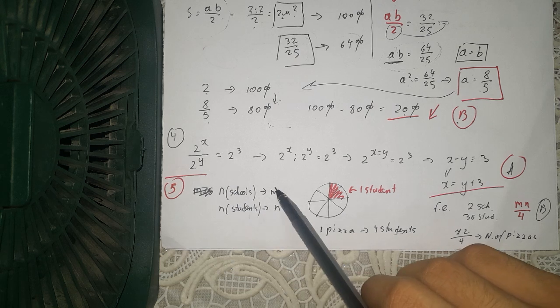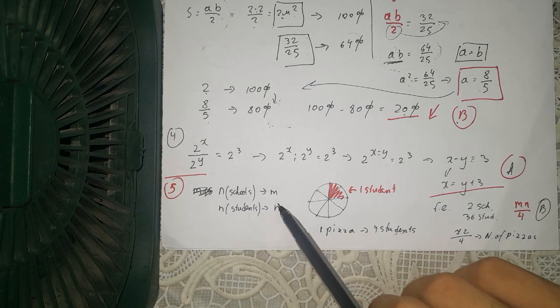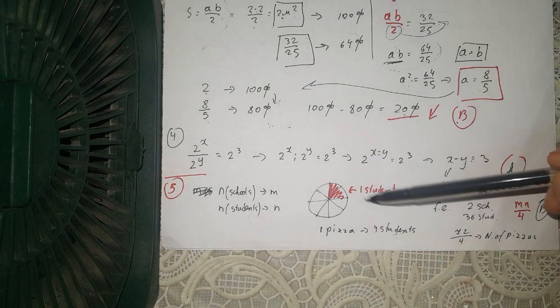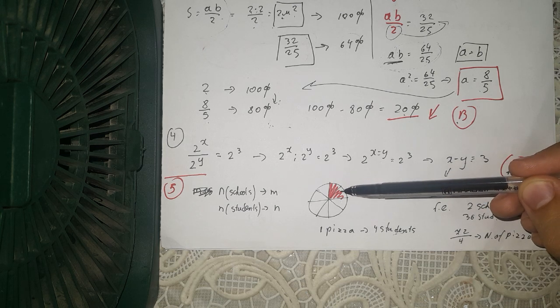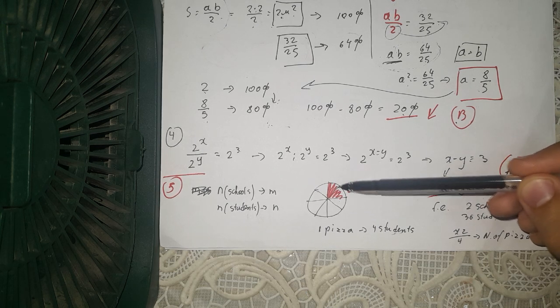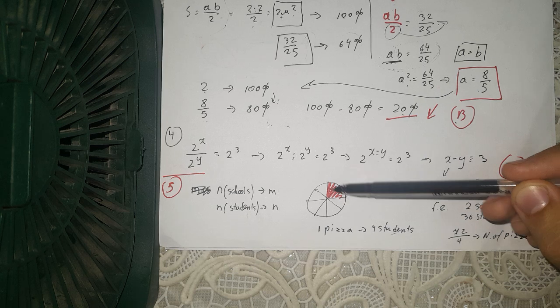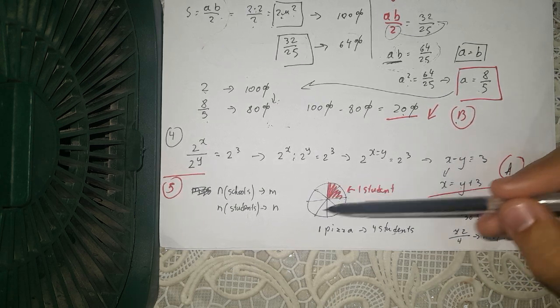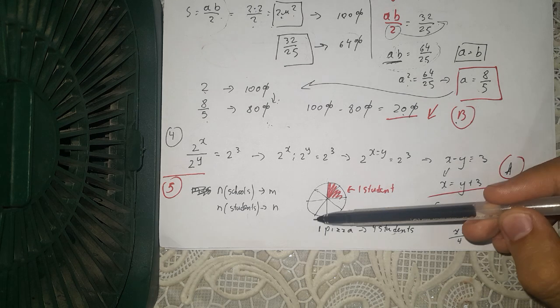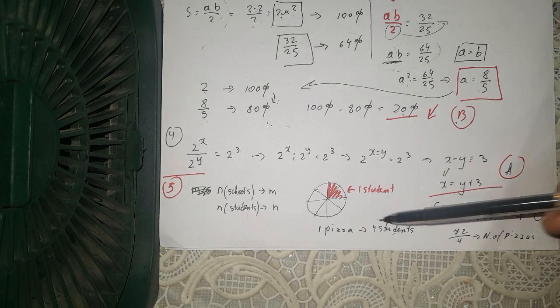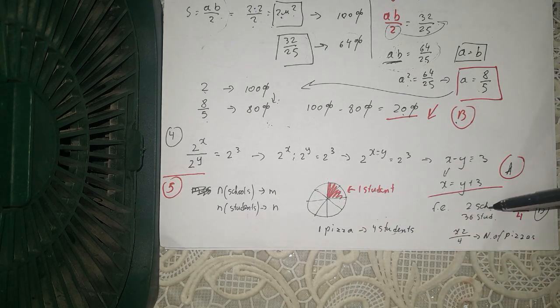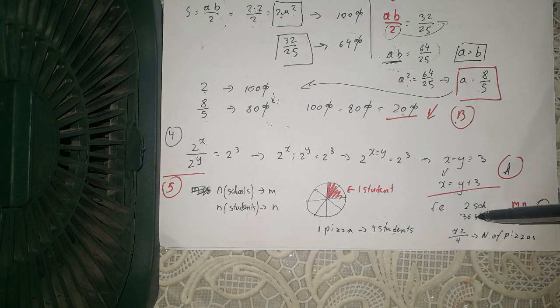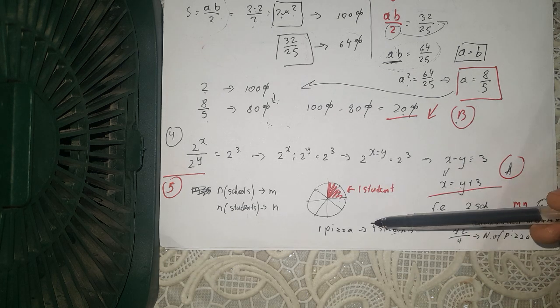So the fifth question says that if we take that the number of schools is m, the number of students is n. So each student consumes two pieces of pizza. In one pizza, there are eight parts. So this means one pizza is 4 students. If we take that there are 2 schools and 36 students, which means 72 people, and each pizza is 4 students.